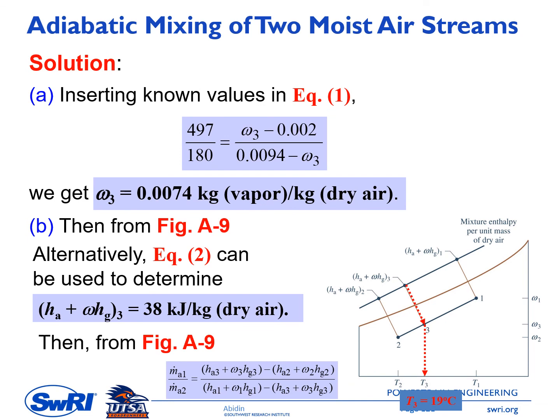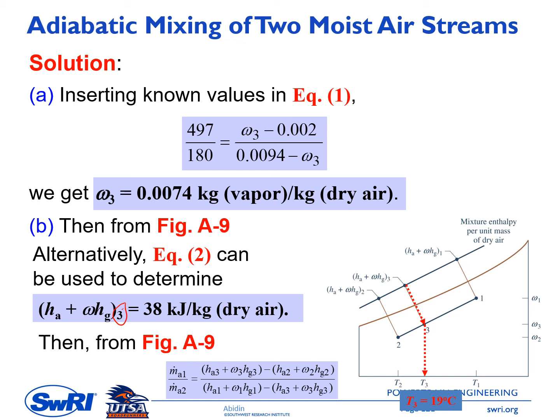On the second option, you can use equation 2 to calculate the enthalpy at state 3. So you will get the enthalpy at state 3 of 38 kilojoule per kilogram.